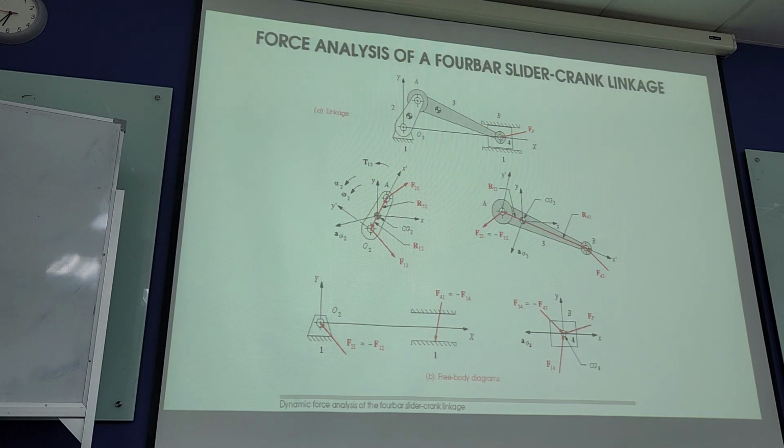Those are the vector equations. Then convert the vector equations into scalar equations. So the procedure is fairly standard. Out of 20 marks, you can score good marks if you do it correctly. Even if you only draw the free body diagrams, you can still get good marks.